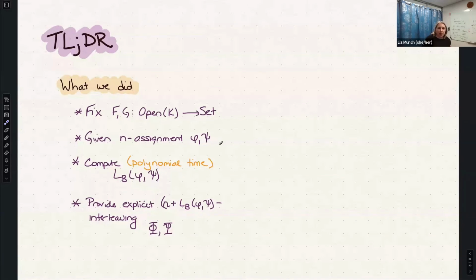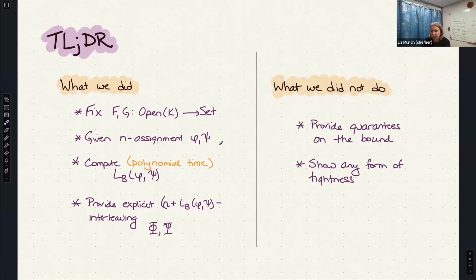And on top of that, when I'm building all of these things, I can provide for you an explicit N plus your loss function shifted interleaving phi and psi. So we're going to get an interleaving, and so that automatically gets you your bounds.